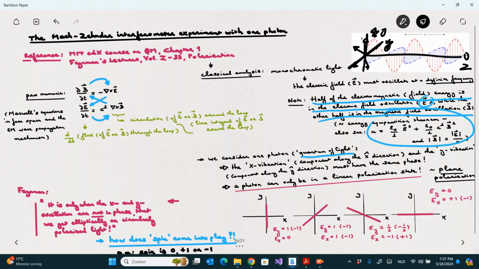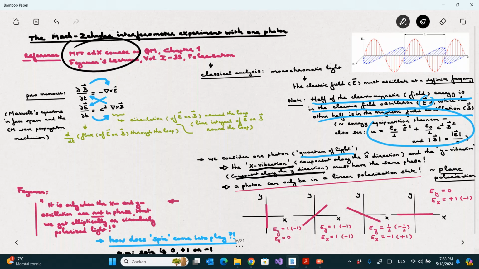That's a mathematical convention for where you put your X, Y, Z axes. But any oscillation of the electric field will have a component in the X direction and a component along the Y direction. And that's what in the MIT edX course they call the component along the X hat direction, to make sure we are indicating the axis, and a Y vibration along the Y hat direction.